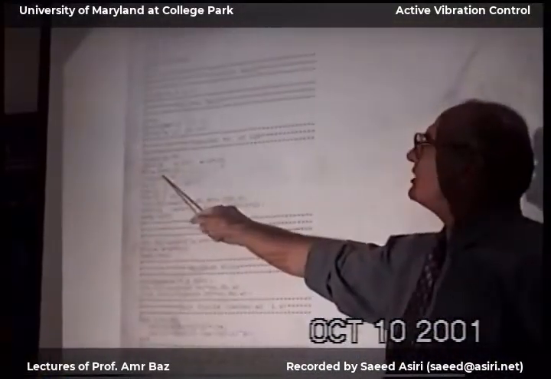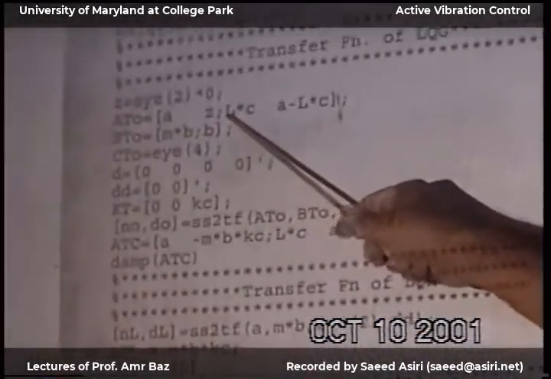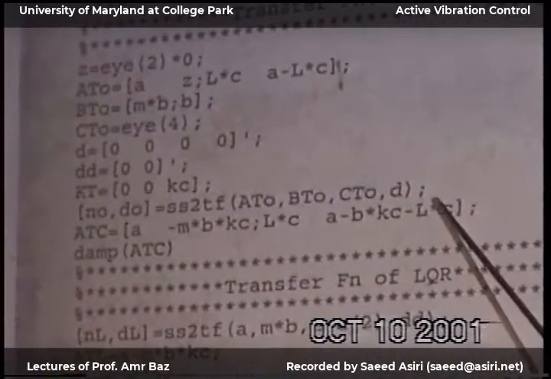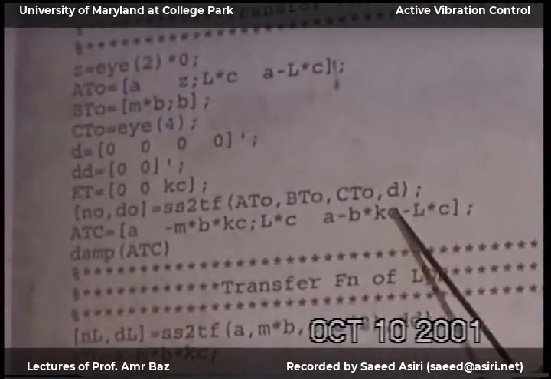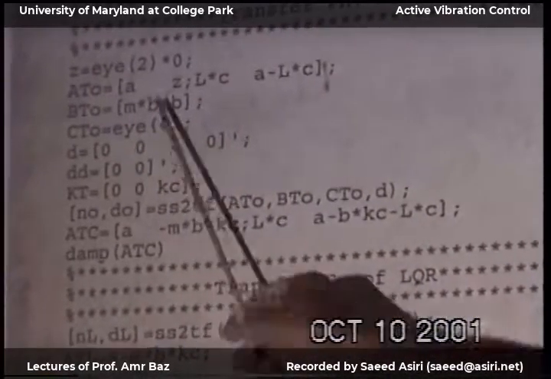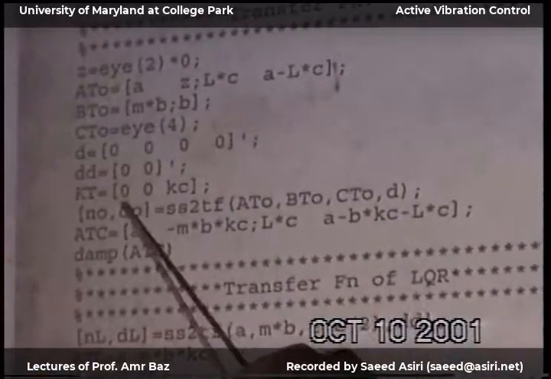So the first B has error, the second does not have error. The observer, I know exactly where it is. Now I get the transfer function of the system for the A and the B, the C and the D.